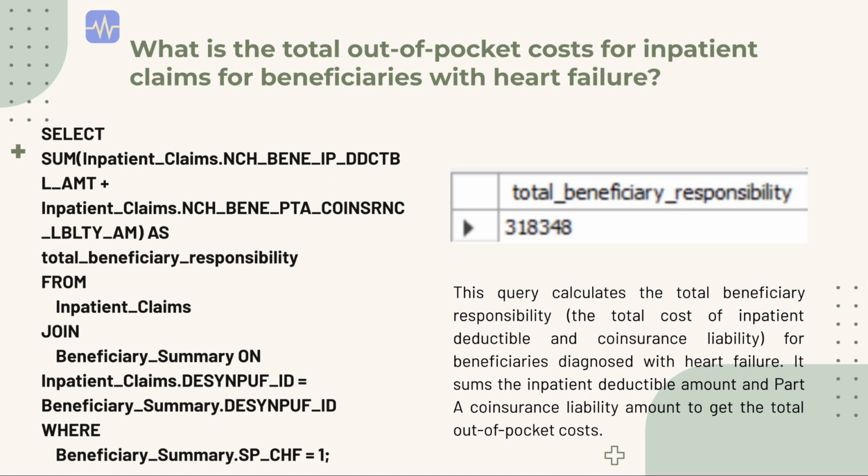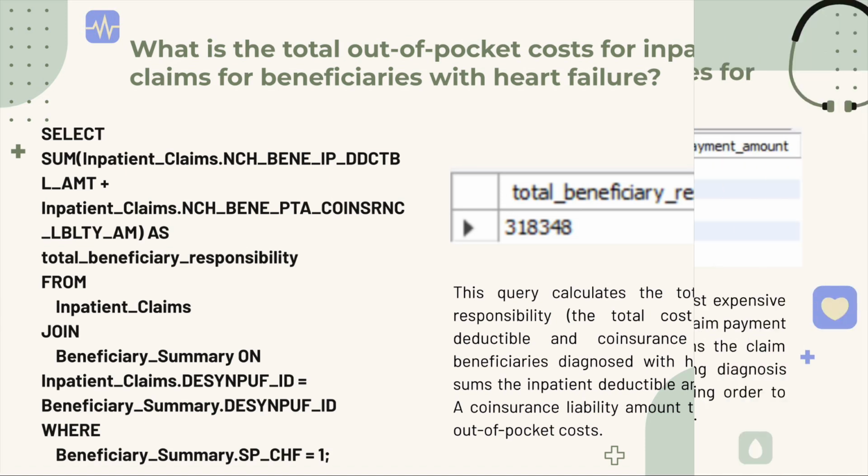The query sums both these amounts of the deductible and the coinsurance amounts to calculate the total out-of-pocket cost or the beneficiary responsibility for heart failure beneficiaries. The join clause connected the inpatient claims table with the beneficiary summary table using the beneficiary ID, and data was filtered for those only with chronic heart failure.